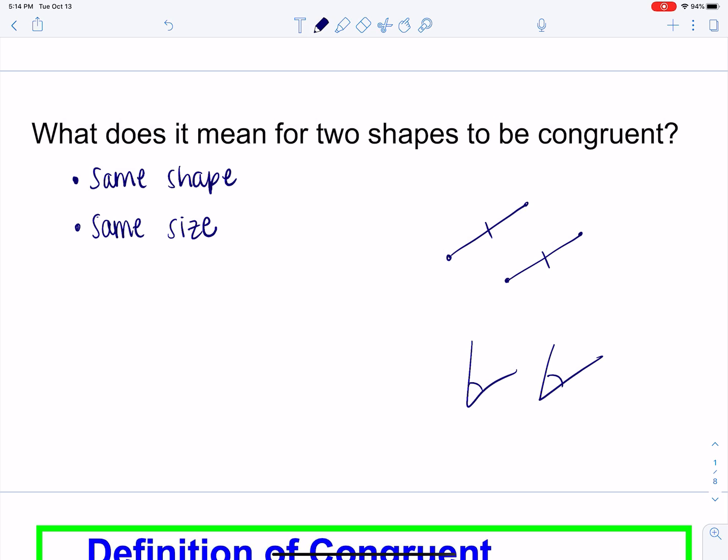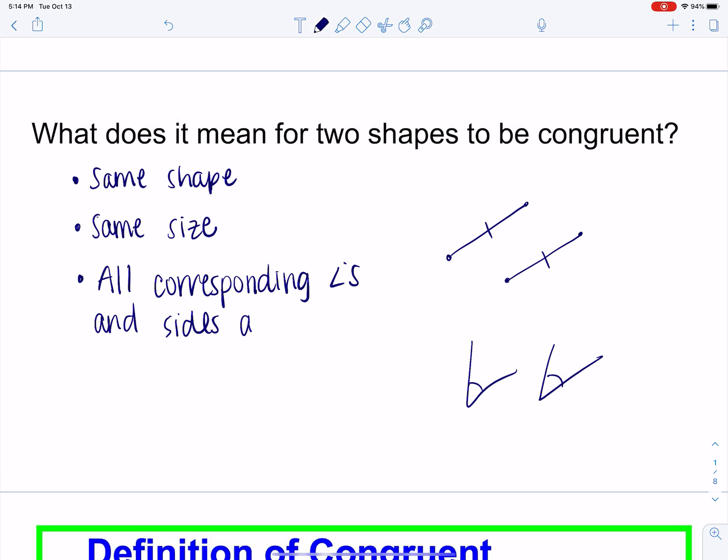So in order for two shapes to be congruent, all of their corresponding angles and sides have to be congruent.